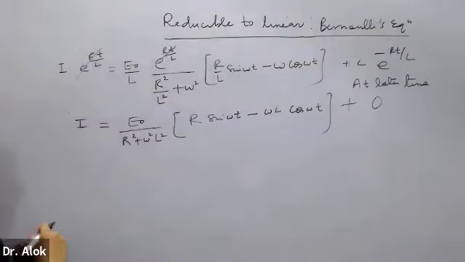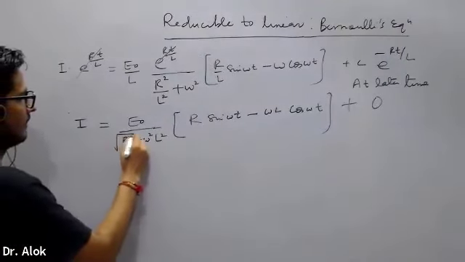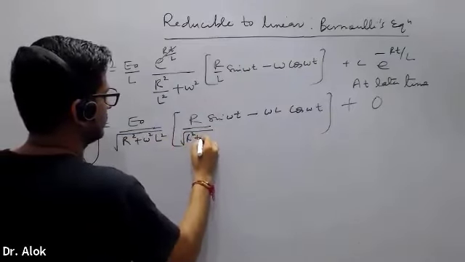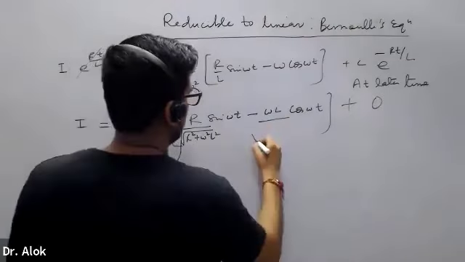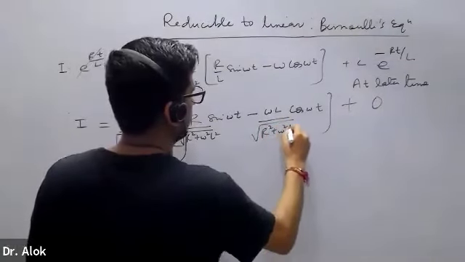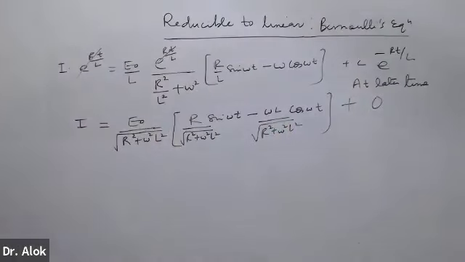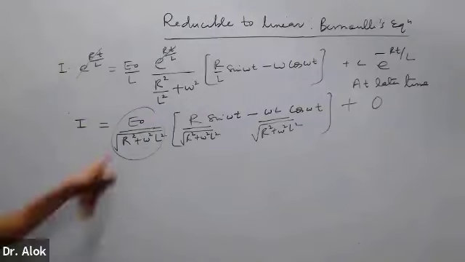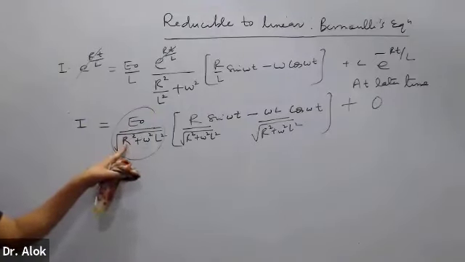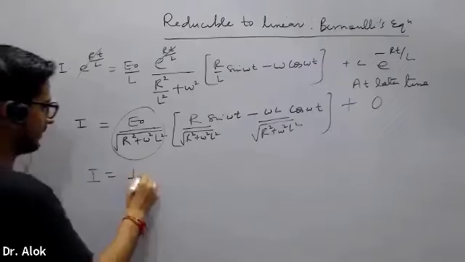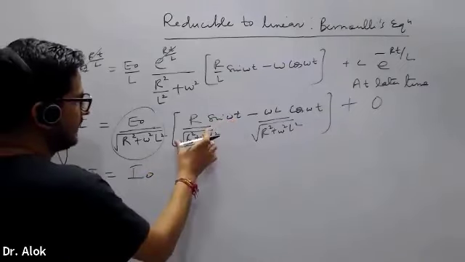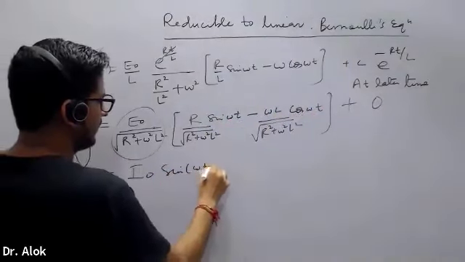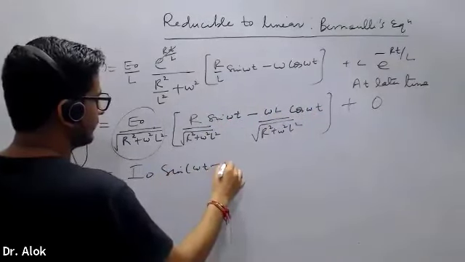Which L? So to make it more compact, let me put it like this: under root R square plus omega square L square. Now you can see that it will become I is equal to, this is having dimensions of current, E naught by under root of this, which is impedance. So this will be some I naught. Now sin A cos B minus cos A sin B. So this will become sin omega t minus phi.